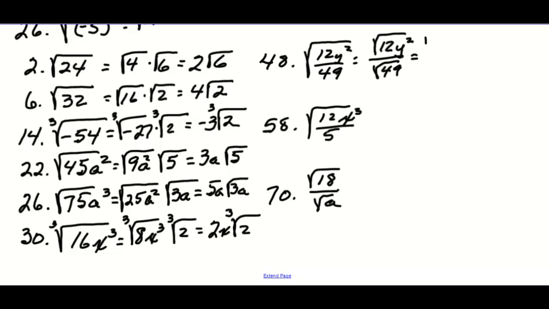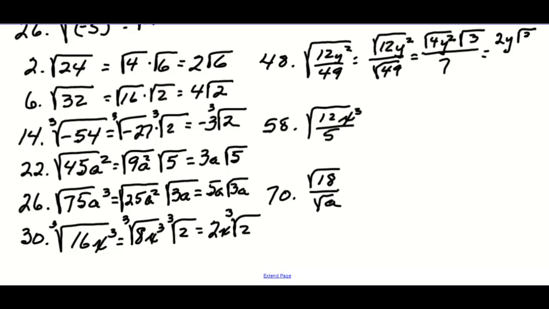So if I break that into the square root of 4y squared times the square root of 3, I've got the numerator. And it so happens that 49 is a perfect square, and the square root of that happens to be 7.